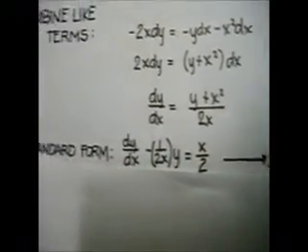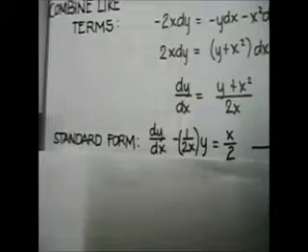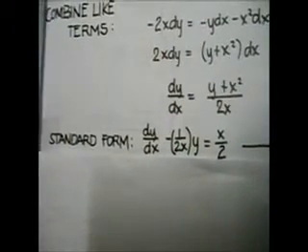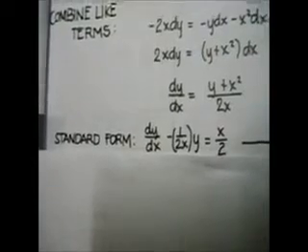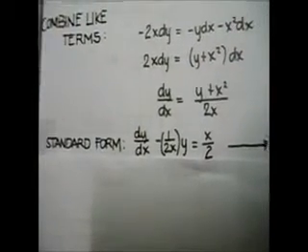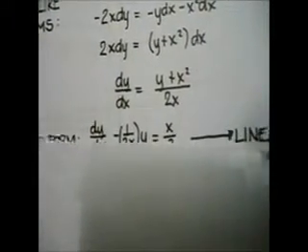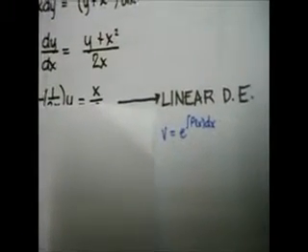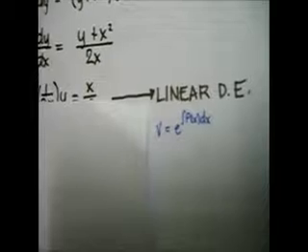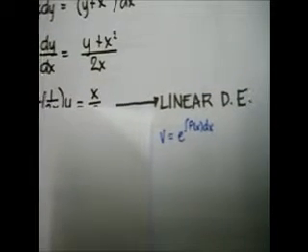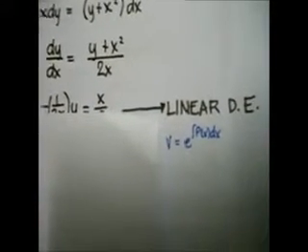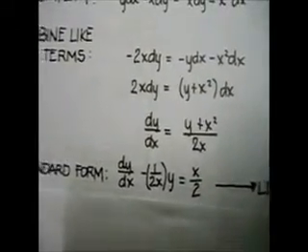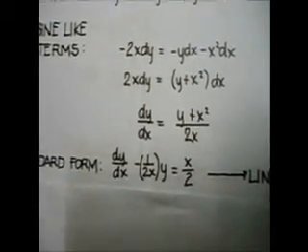So in solving a linear differential equation, after finding its standard form, we now solve for the integrating factor. An integrating factor is just equal to v is equal to e to the power of integral of p of x dx. So p of x of this equation is just equal to negative 1 over 2x.